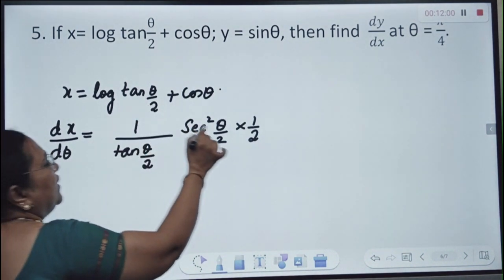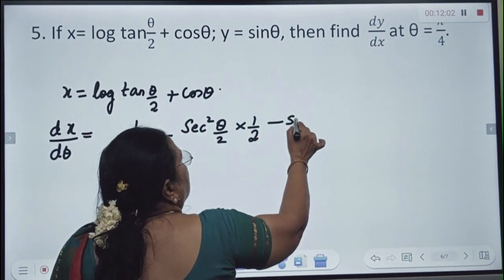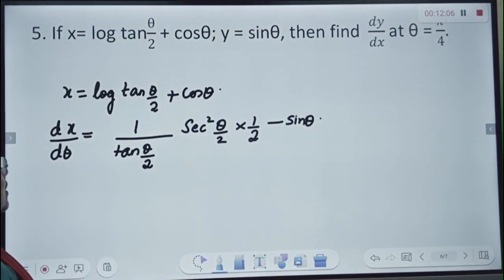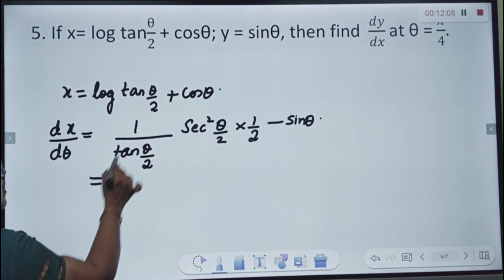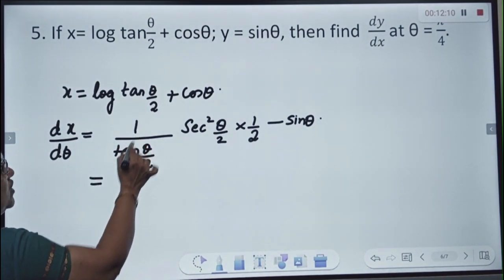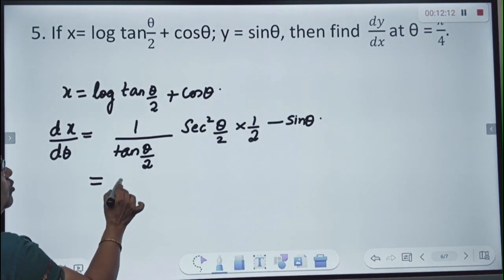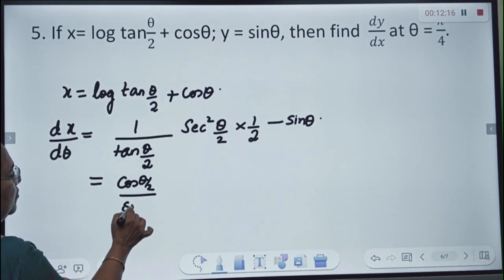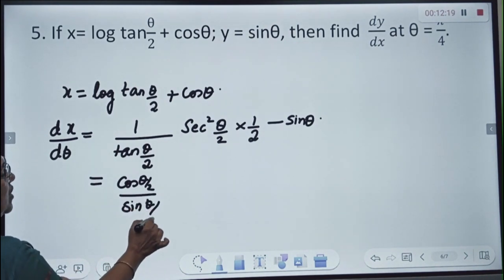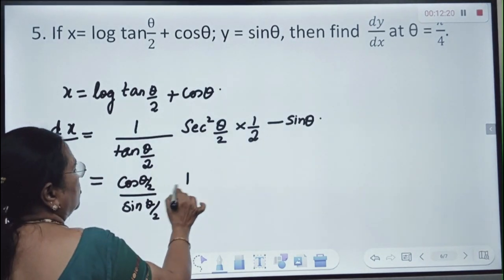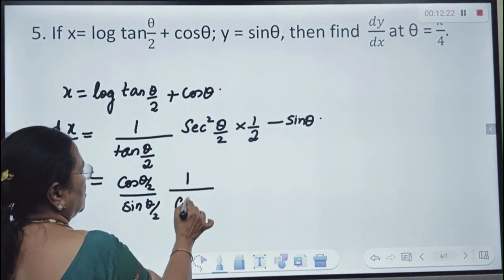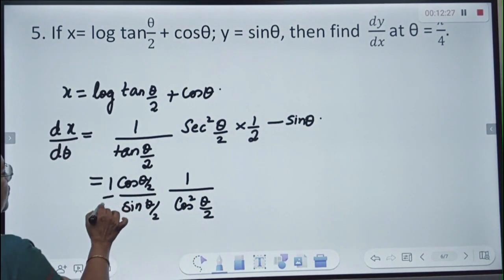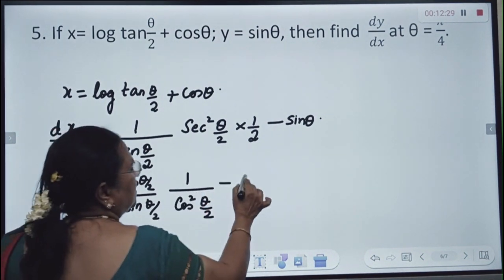Now, what is the derivative of cos theta? Minus sin theta. So this is 1 by tan theta by 2, which is cot theta by 2, so cos theta by 2 by sin theta by 2. Secant square theta by 2 is 1 by cos square theta by 2, into half, minus sin theta.